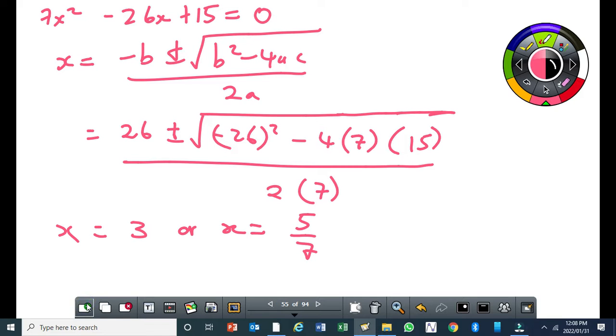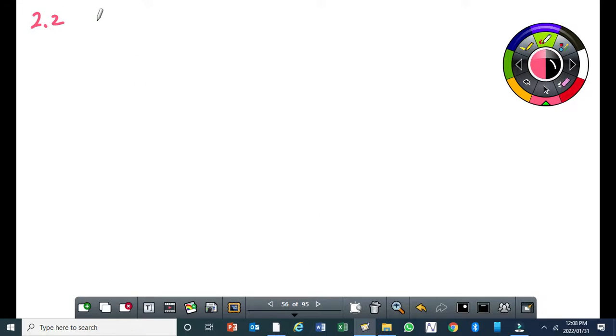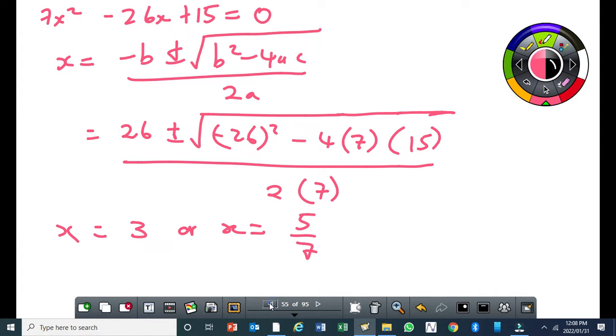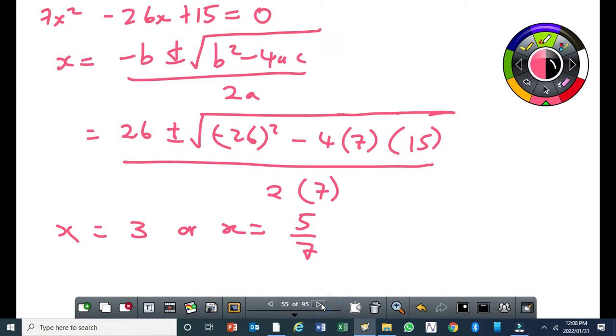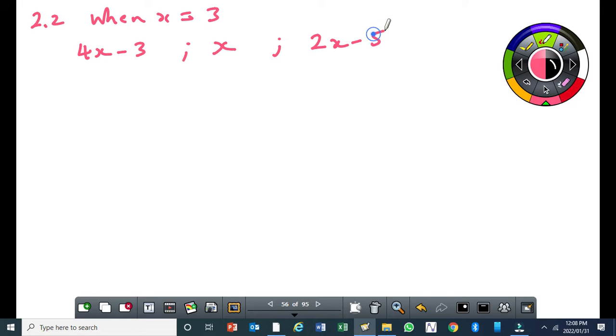So, to do 2.2, we'll say when x is equal to 3. Remember, the first term is 4x minus 3. The second term is x. The third term is 2x minus 5. So if I substitute x equal to 3 here, I'll get 4 times 3, which is 12. 12 minus 3, I'll get a 9.